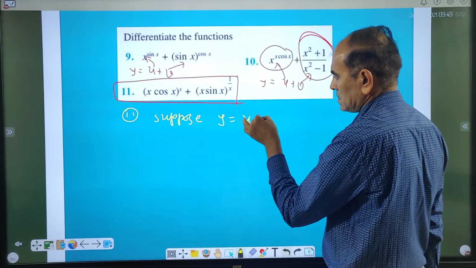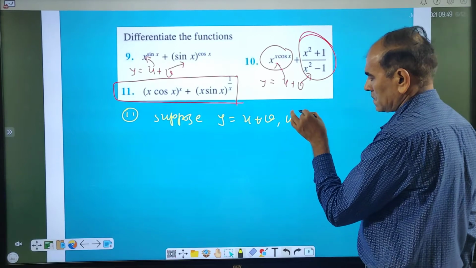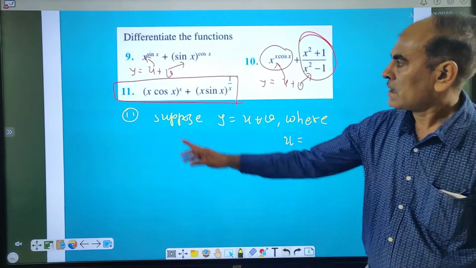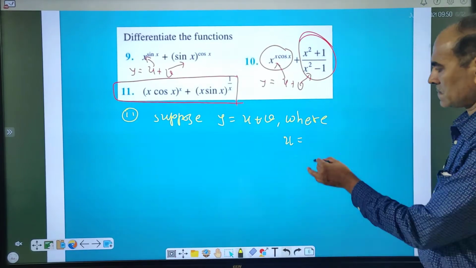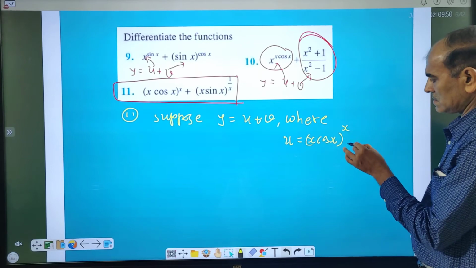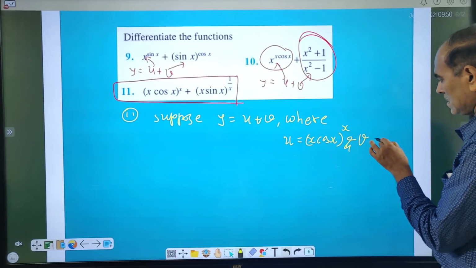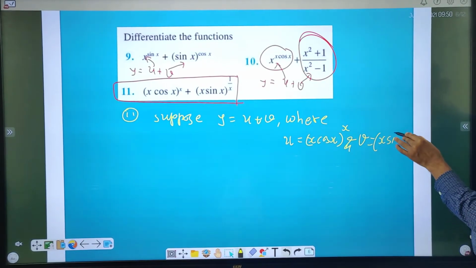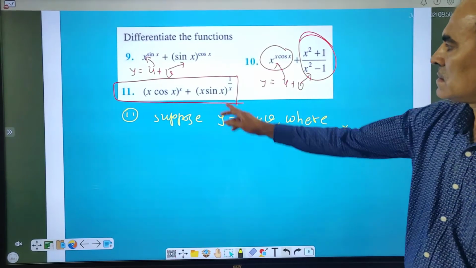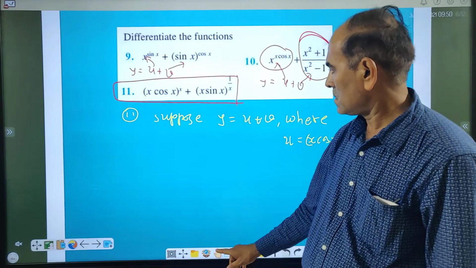Suppose y is equal to u plus v, where u is x cos x raised to x, and v is x sin x raised to 1 by x. Yes or no? Yes.